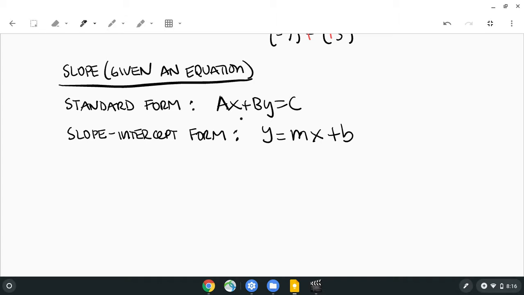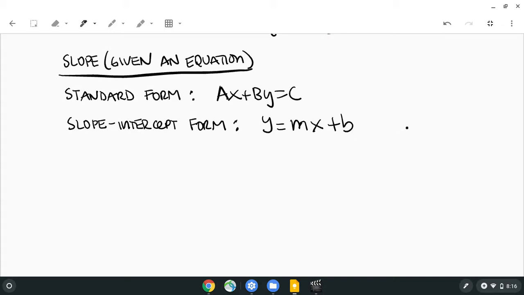So like this moves over and whatever that number is next to x is now called m. And then the constant, the one that doesn't have a variable, we call that b here. Okay, but you'll see when we have actual numbers plugged in that you can rewrite the equation in either way.